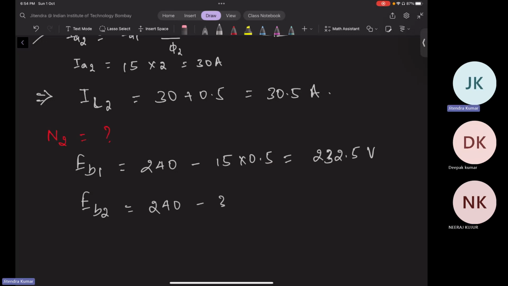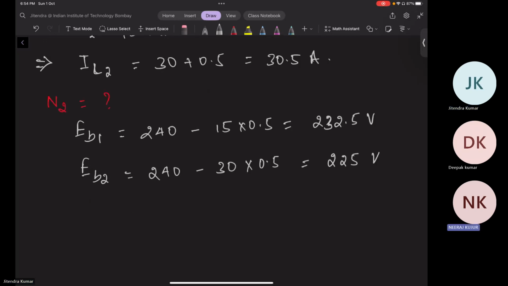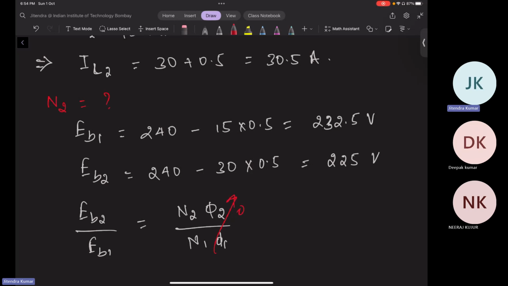Same, 240 minus 30 into 0.5. So it will be 225 volt. Okay. Now EB2 by EB1 is equal to N2 phi 2 by N1 phi 1. Phi 2 by phi 1 is 0.5.